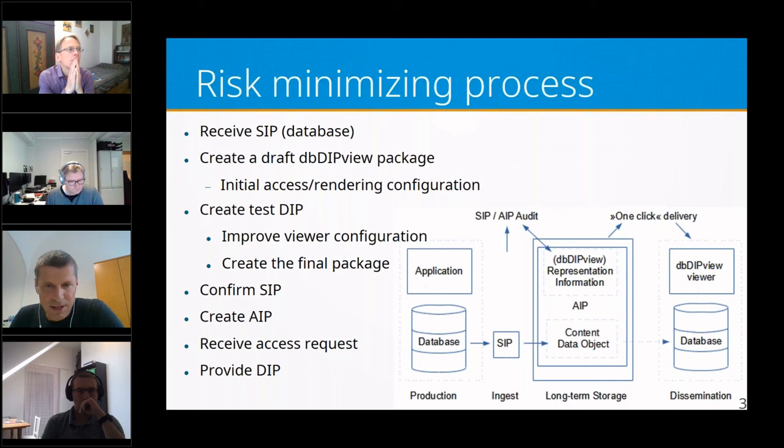At this point of time, we can store the content data as AIP, and in the future, when the visitor comes, we can use this information. So what are the 3 risks we want to cover? First is that we want to be sure that the content is okay before we confirm it.